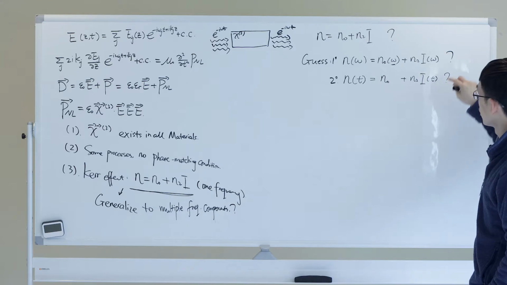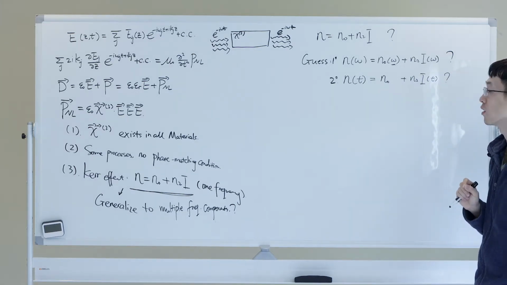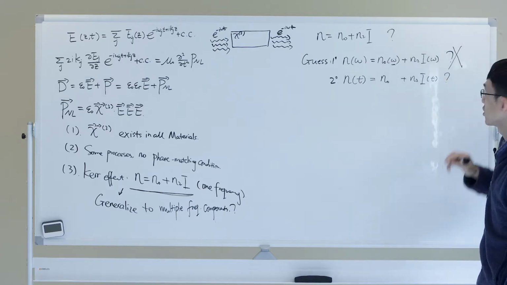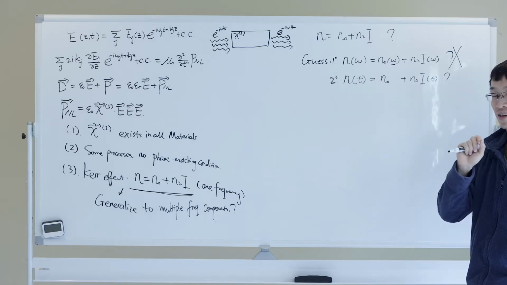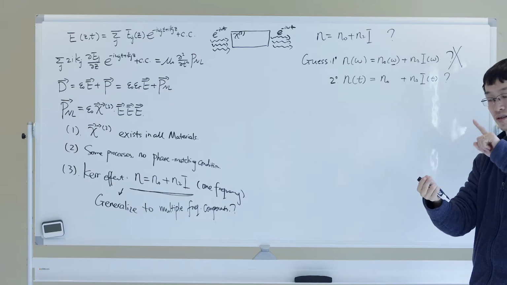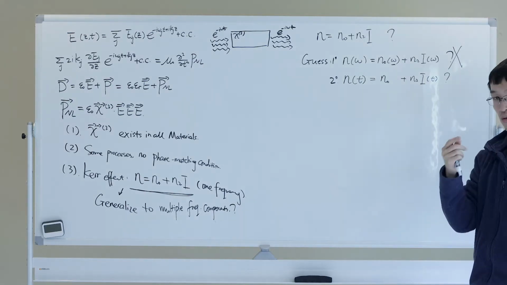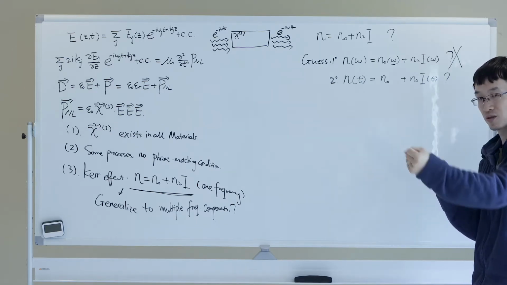Intuitively, based on what we have learned in nonlinear optics, we can see that this one must be wrong. Because the key of nonlinear optics from the second order nonlinearity, for example harmonic generation, frequency sum, frequency difference, parametric oscillator, we all learn one thing: you can convert light from one frequency to another.